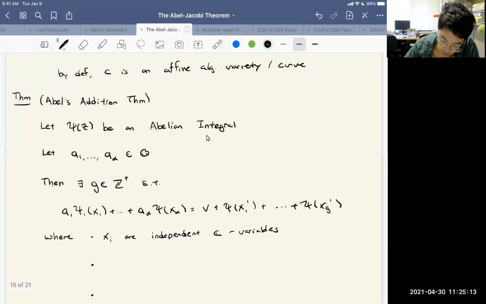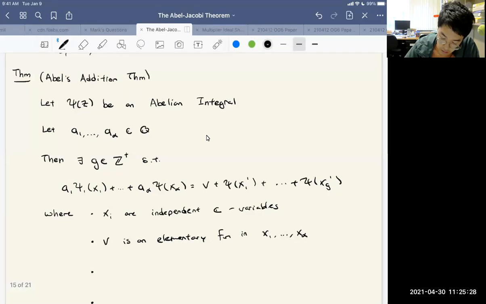And v is an elementary function in the variables x1 through x alpha. And then these xi primes are algebraic functions of x1 through x alpha.